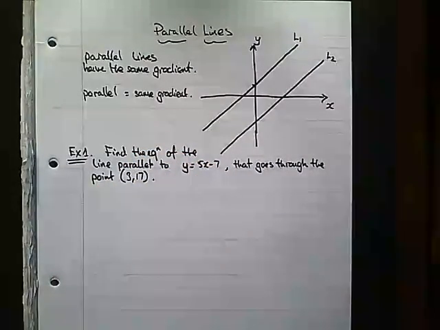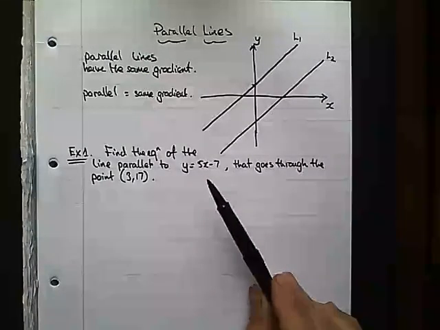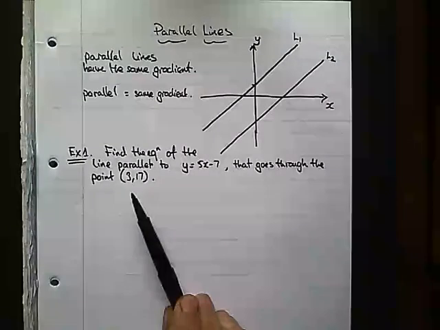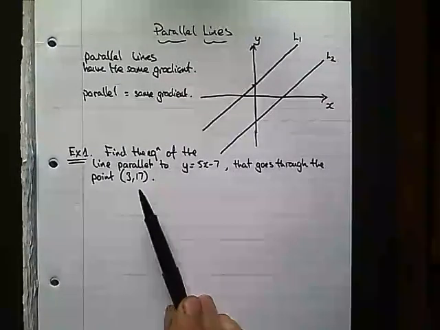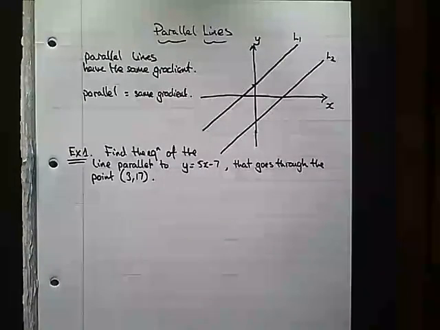If they give you something with a gradient, then you've got the gradient that you can use. If they give you a point as well, then you've got some coordinates which that line goes through, and you can use that to work out the whole equation of the line.